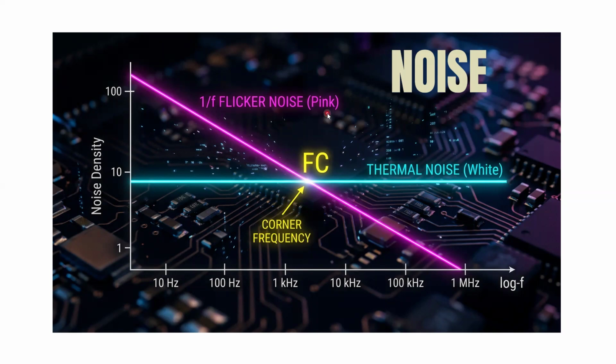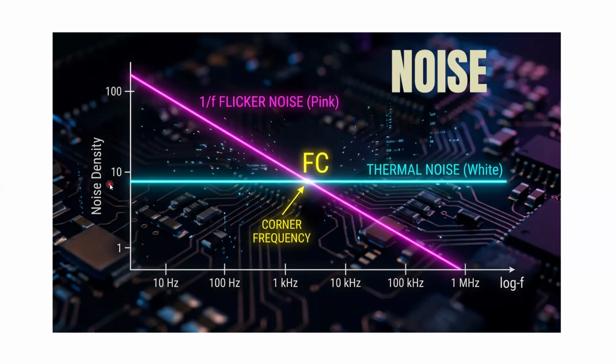It is also called pink noise, as shown by this linearly varying line in pink, and it is called 1 over f noise because it is proportional to the reciprocal of the frequency.